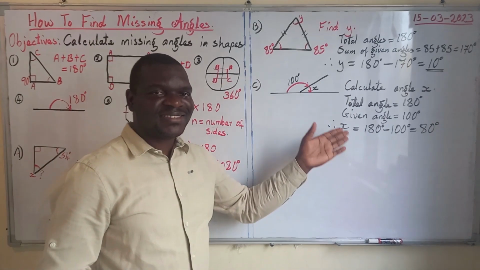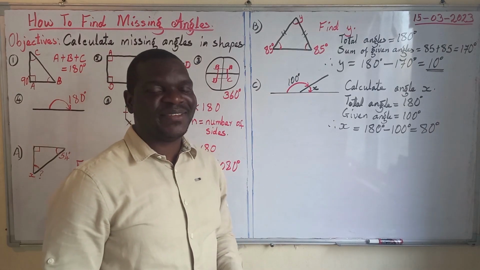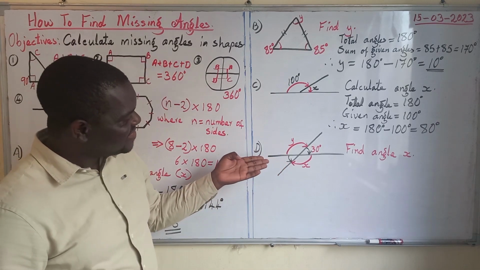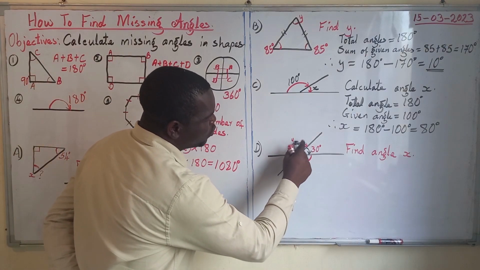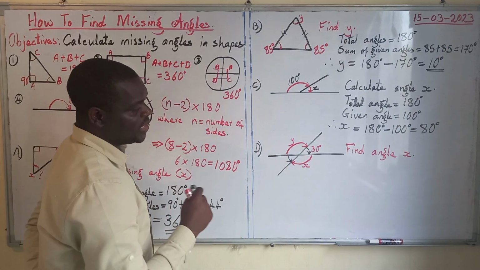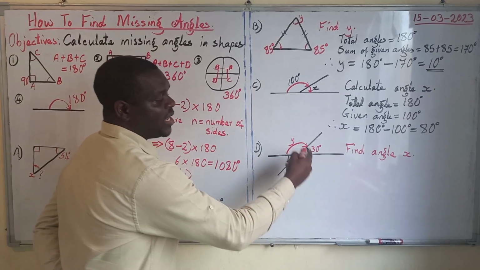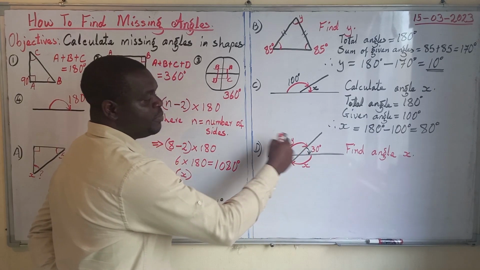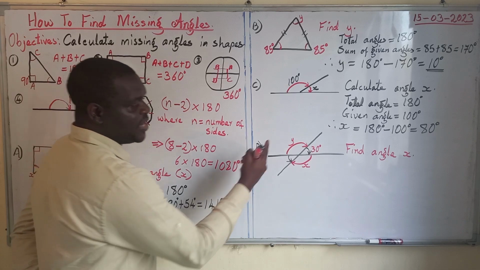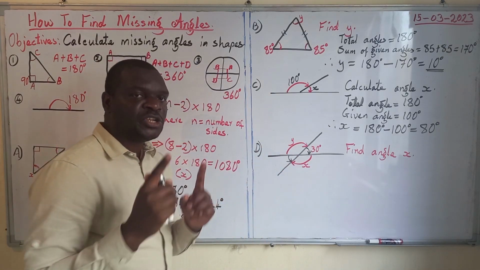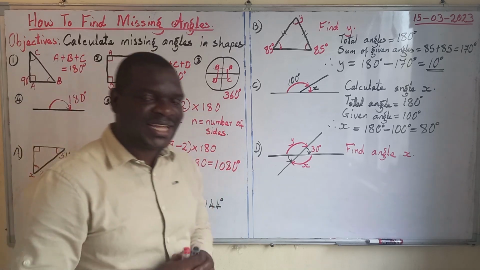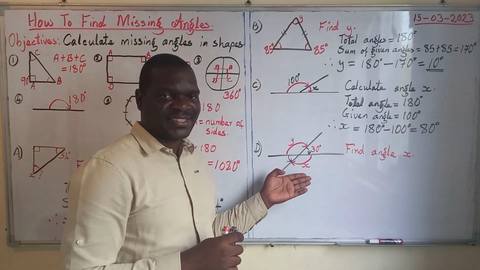Let's look at the last example for today. Example D is a straight line, and if we are asked to calculate angle Y, it will be simple because you will find what can be added up to 30 to make 180. But here we are asked to calculate X. So we are going to use our knowledge of opposite angles to calculate this.